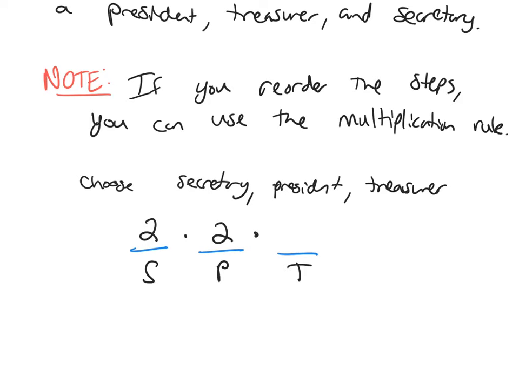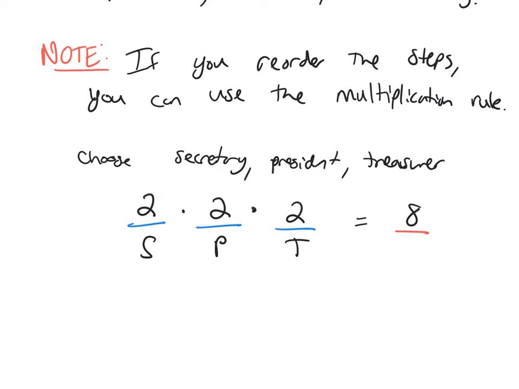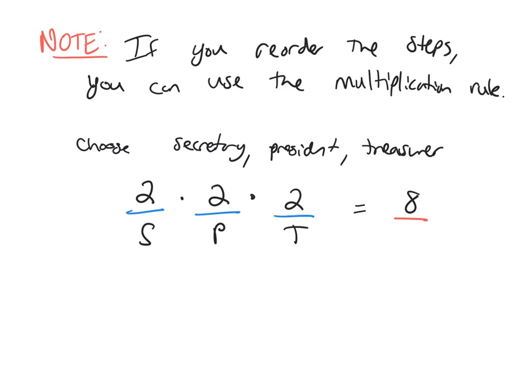And then for the final position, treasurer, whoever was chosen for secretary and president can't be treasurer, so there are only 2 options here as well. So then you get 8, and that's the total number of ways that we can select officers here. So you can use the multiplication rule, but you just have to change the order of steps in order for it to work.